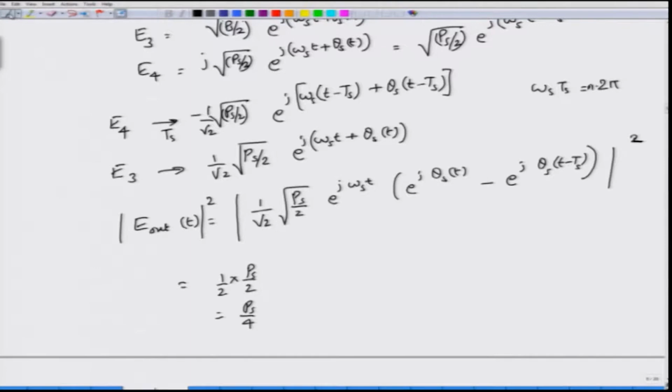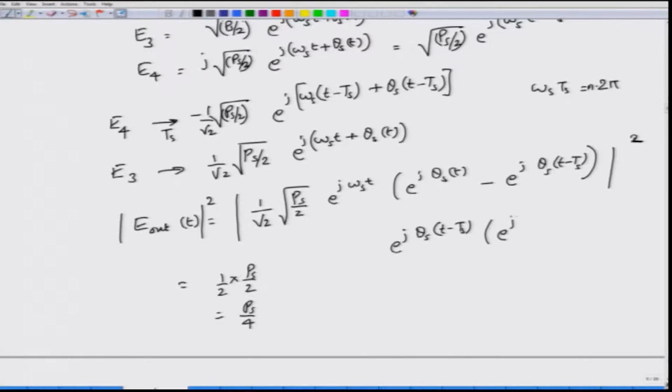So what you have to do is, first write down e to the power j theta s of t, and then take this theta s of t minus Ts as a common factor and pull it out. So if I pull that one out, what I get is e to the power j theta s of t minus Ts. This is the phase one previous instant, so I am taking that out.